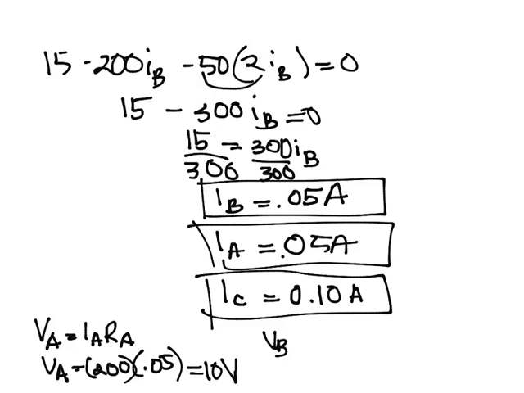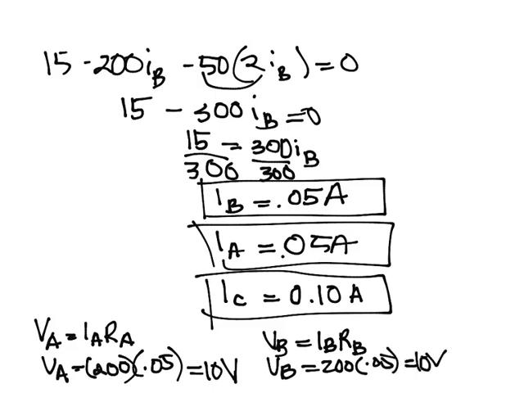I get IB, RB, and again, I have the same numbers. I have 200 times 0.05, and that's 10 volts.